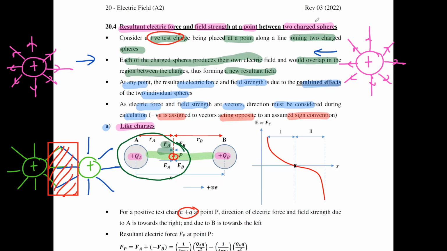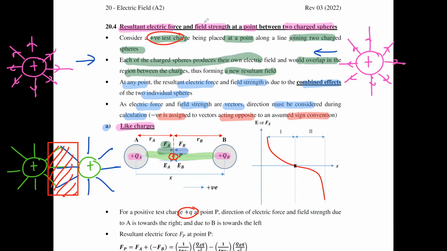Then you move your attention to the effects due to sphere B on the positive test charge. Because again they are positive positive, the force acting on the positive test charge due to B will be towards the left. So this will be the respective electric force due to each sphere on the positive test charge: FA towards the right, FB towards the left.